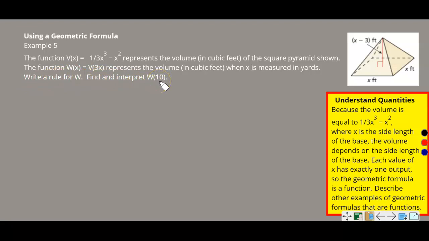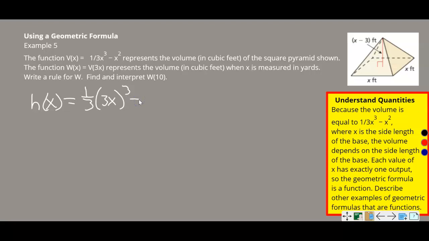All right, so the first thing we need to do is the same thing as we did before. Let's write this as h of x. The first thing I'm going to do is simply replace our x by 3x. So we're going to have our 1/3, and in place of x, we're going to substitute 3x, still cubed.